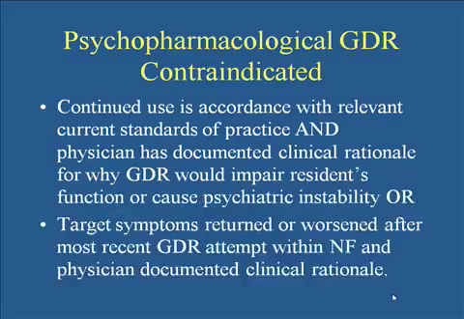So certainly there are contraindications to this gradual dose reduction. If we have evidence that our continued use is within our current standards of practice and we have a clinical rationale, I could certainly make a case for that person that has a long-standing history of depression with numerous episodes that took quite a while to get under control.